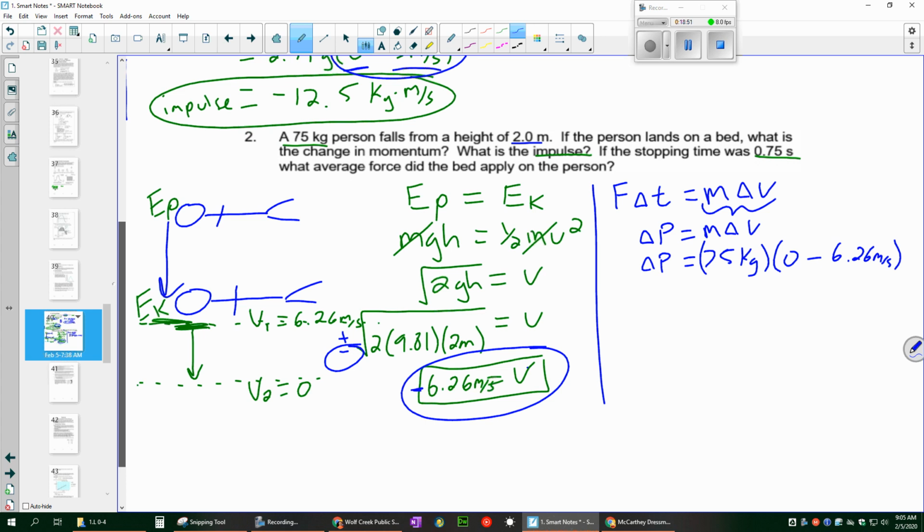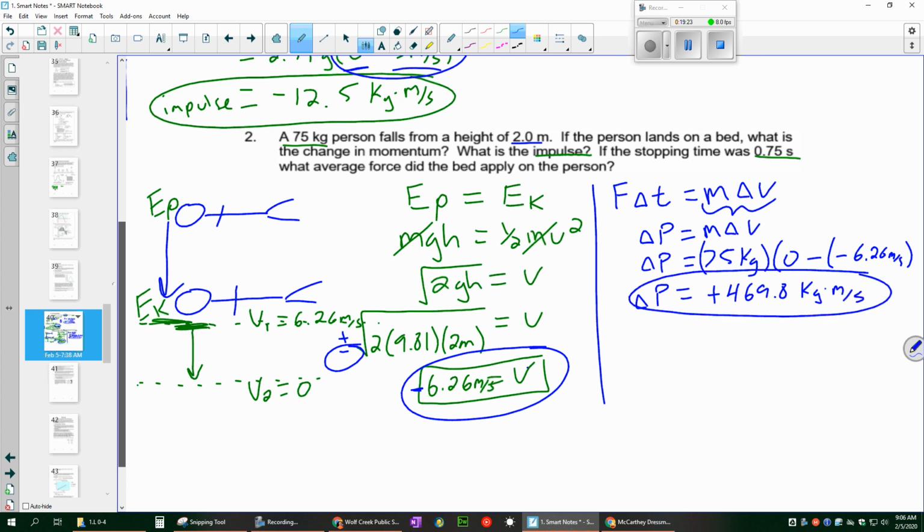So when we put it into our equation, this would have been 0 minus negative 6.26 meters per second, which minus the negative would really be positive, right? So in the end, our change in momentum is going to be positive 469.8 kilograms times meters per second.